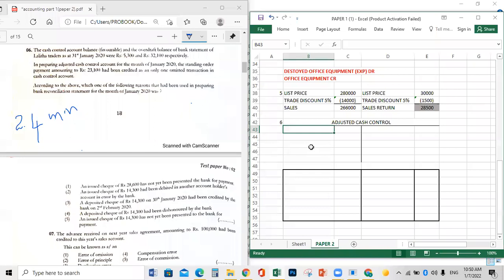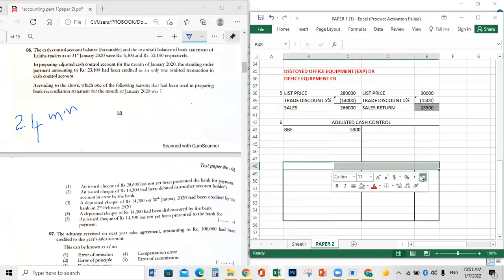The cash control account had a favorable balance, and the overdraft balance of the bank statement of L traders as at 31st were respectively. When they say this, guys, they are trying to say the cash control had a positive balance of 5,300, while your bank statement had an overdraft balance.